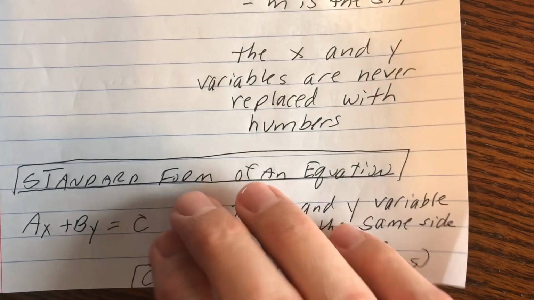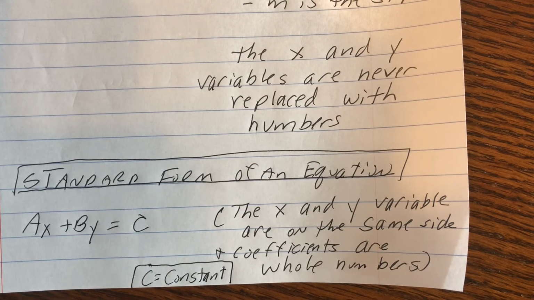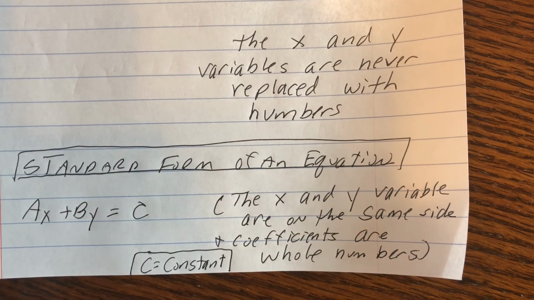Finally, at the bottom there, I have another form of an equation that's called the standard form of an equation, and that states ax + by = c. When you write it in that form, you're just making sure that you have your x variable and your y variable on the same side of the equation. The c is your constant term.